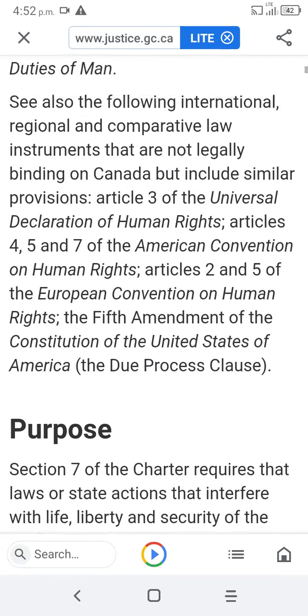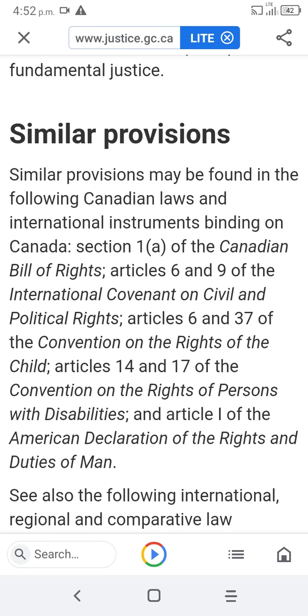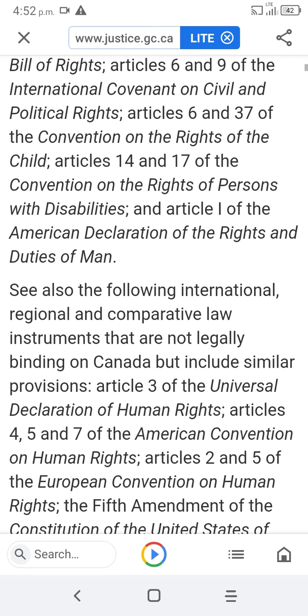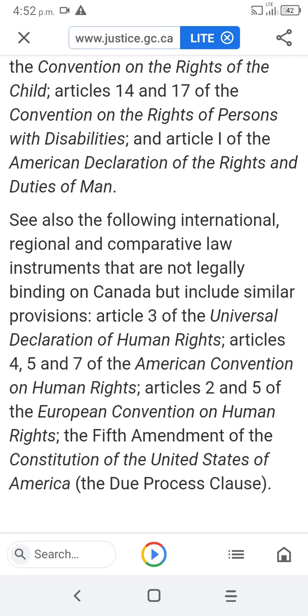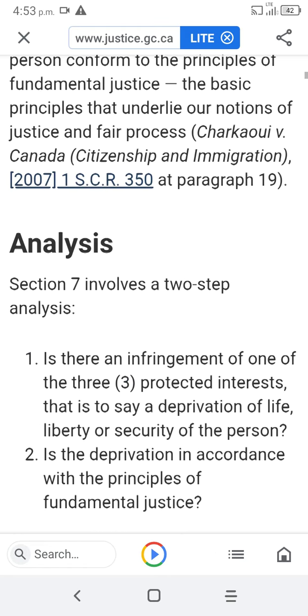Purpose, analysis here, let's see. Similar provisions may be found in the following Canadian laws and international instruments binding on Canada. See also the following international, regional, and comparative law instruments that are not legally binding on Canada. Back into the purpose, the analysis.